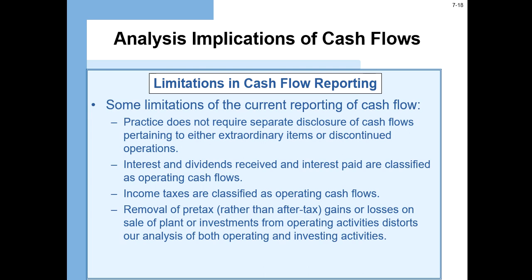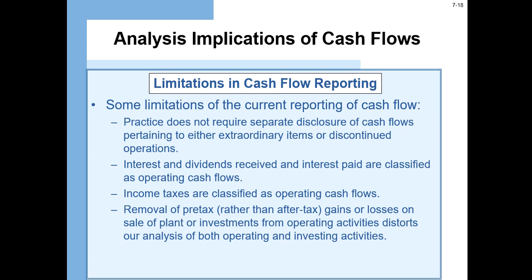Actually, it's a limitation. We should have such a disclosure mentioning these extraordinary items and discontinued operations, any cash generated or lost because of these activities.